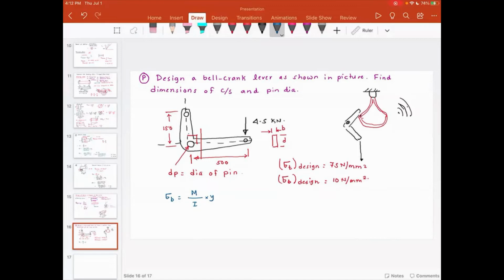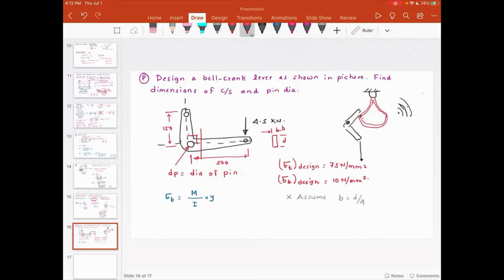So I'm going to assume, and please note, this is a design, that B is equal to D by 4. This is an assumption.